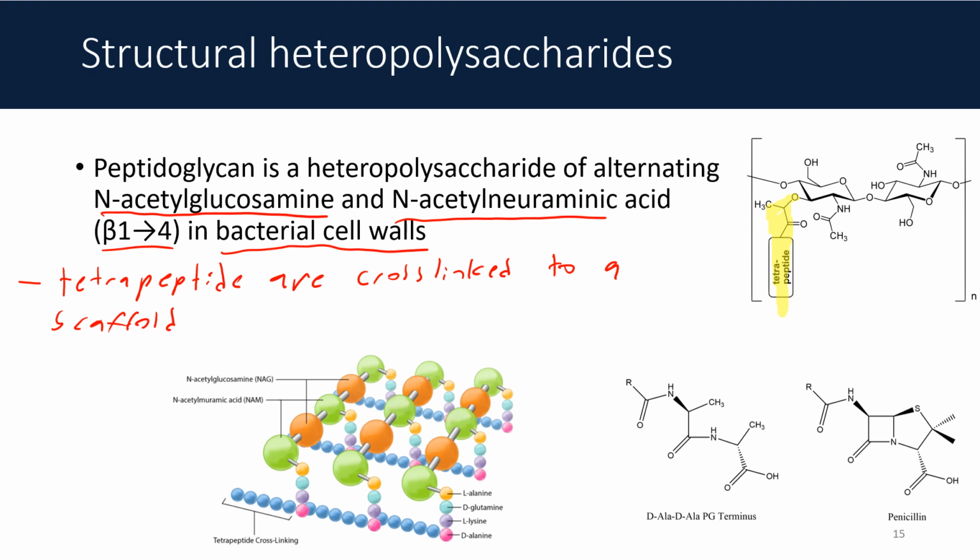And we can see the tetrapeptide anchors in the following cartoon, which I'll highlight again in yellow. You can imagine that this copious amount of stapling that we observe between the carbohydrate portion and the scaffold region is going to make this a very robust structure.